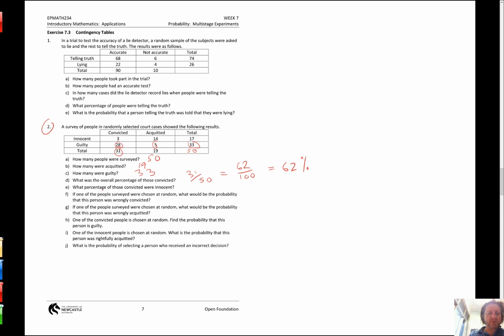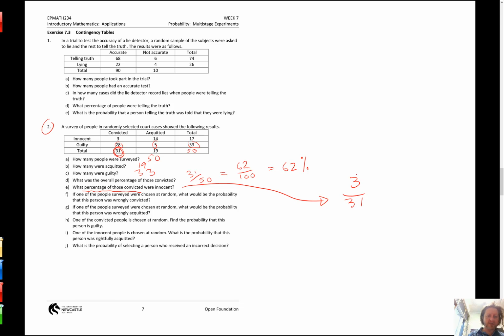What percentage, conditional, that's my conditional alert going off. What percentage of those convicted? We're only talking about convicted people. There's only 31 convicted people here. So of those, how many of those convicted were innocent? Well, 31 were convicted, 3 of them were innocent. Okay, I can't do that one in my head.